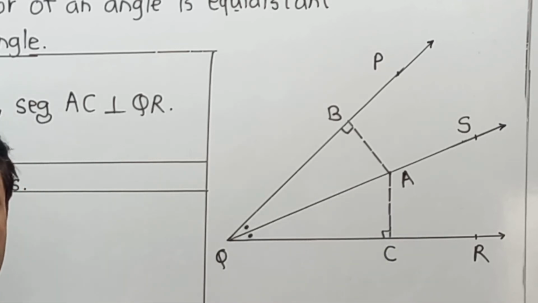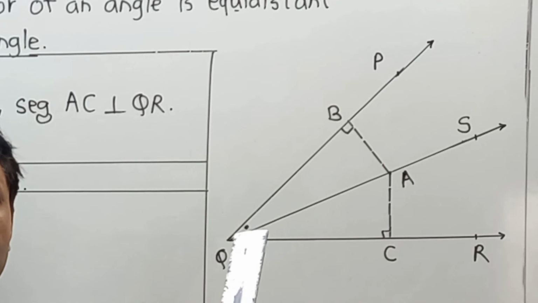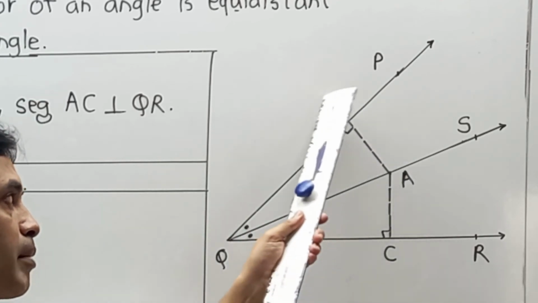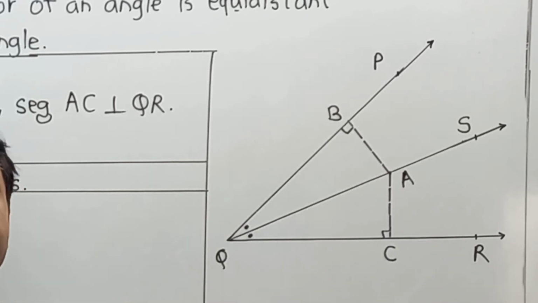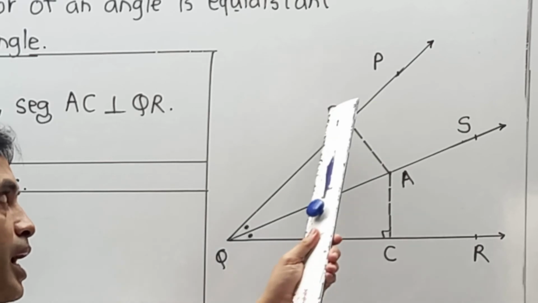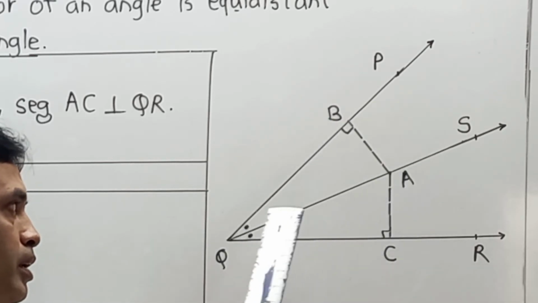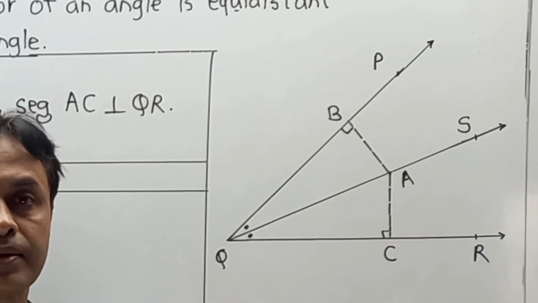Now one by one, please pay attention. First of all, segment AQ congruent to segment AQ. You can say common side or same side. Second, angle ABQ is equal to ACQ, each 90 degrees. And third, angle BQA congruent to CQA, because QS is an angle bisector.